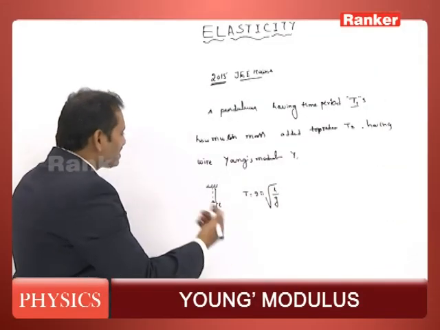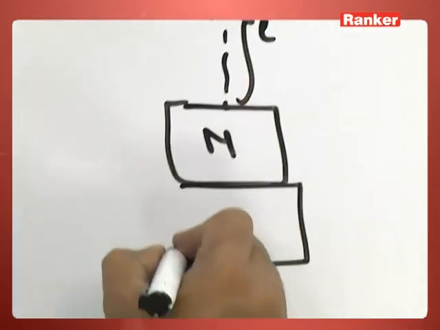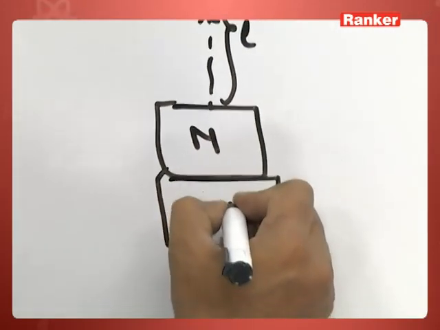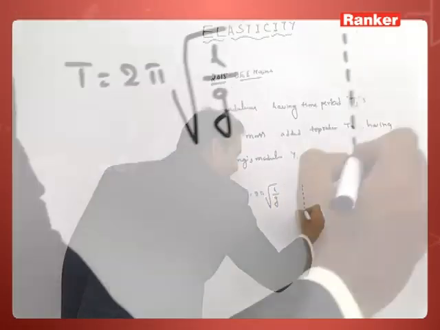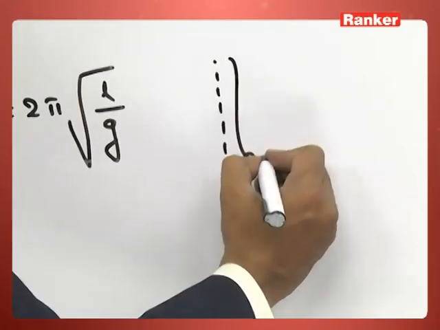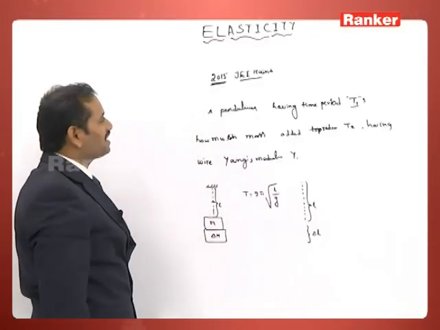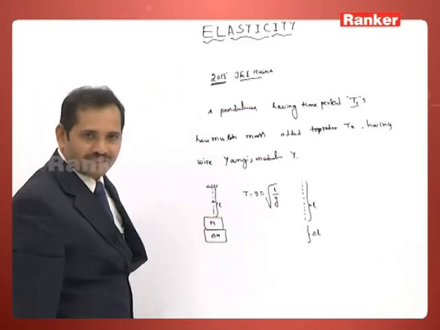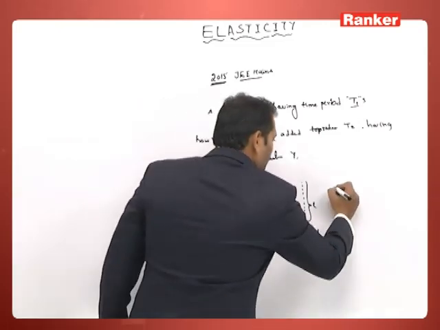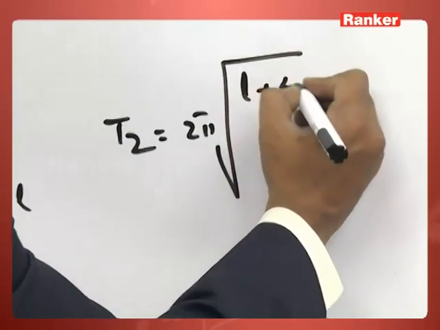Some additional mass, let it be delta M, is added to it. Because of the additional mass, now your length is not L, it is L plus delta L. This is the twist related to elasticity. Now T2 equals 2 pi square root of L plus delta L by g.